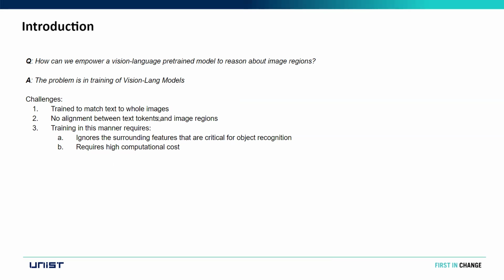When training in the CLIP manner, the surrounding features can be used for the detection or classification, so when you match the text tokens with the image region, you may lose this. Also, training in this manner requires high computation. So they need to tackle these challenges.